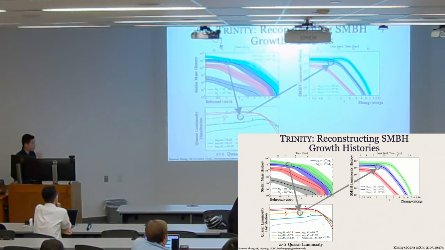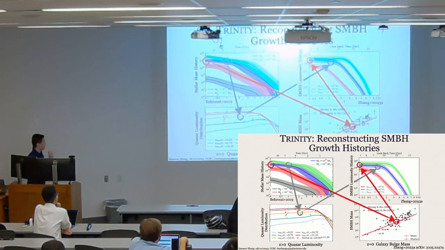But if we want something that's more physical, or in other words, black hole accretion rate history, we can then use the black hole mass versus galaxy mass relation to break the degeneracy.